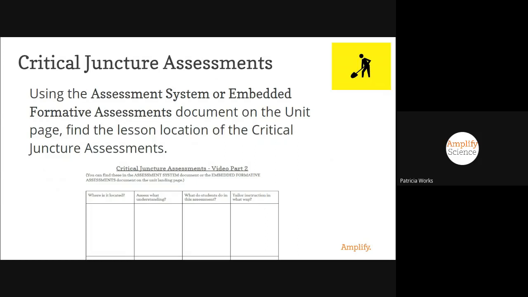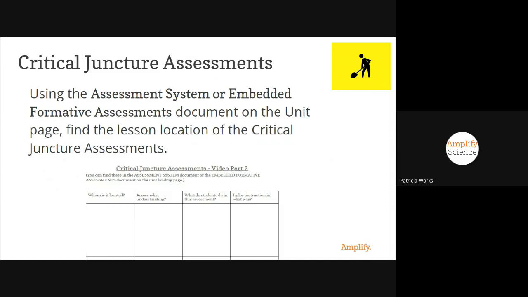So now you're going to be using either the embedded formative assessment document or the assessment system document to look for where these critical juncture assessments are. They occur at the end of each progress build level. So you can find where they are in either one of those unit resources. You're going to want to, in just a second, pause the video and then open up one of the documents.